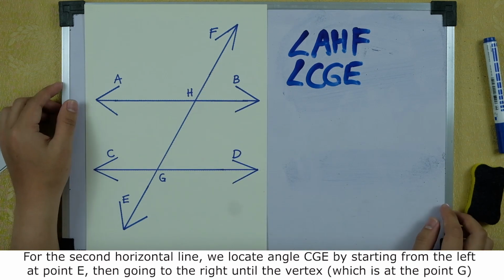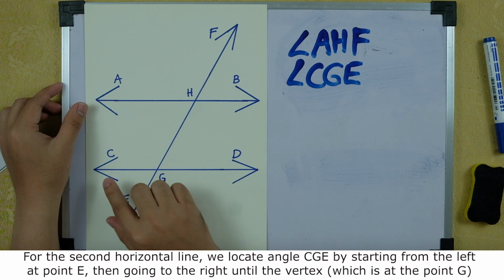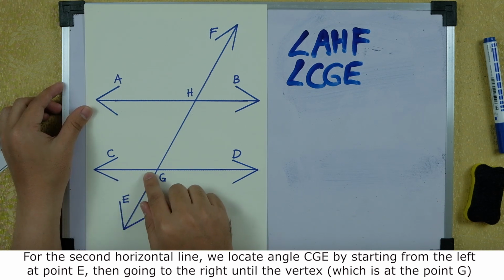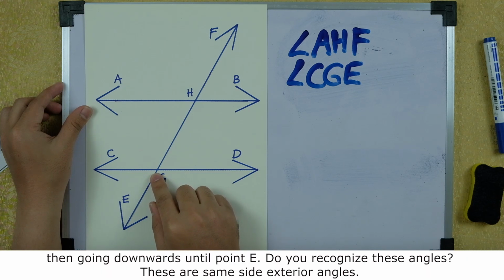For the second horizontal line, we locate angle CGE by starting from the left at point C. Then we go to the right until we reach the vertex, which is at point G. Then we go downwards until we reach the point E.